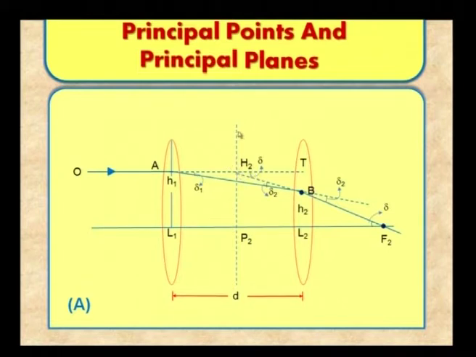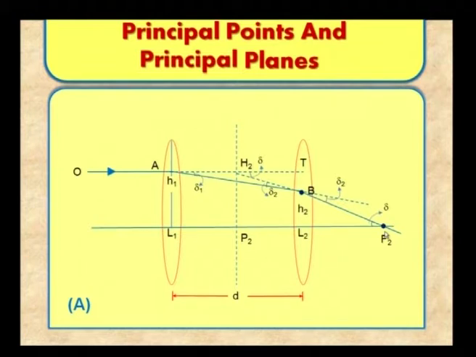Assume that you have got something here which is able to make a deviation delta, so that the light ray comes here and undergoes a deviation delta. If it undergoes a deviation delta, it will come to F2, right?